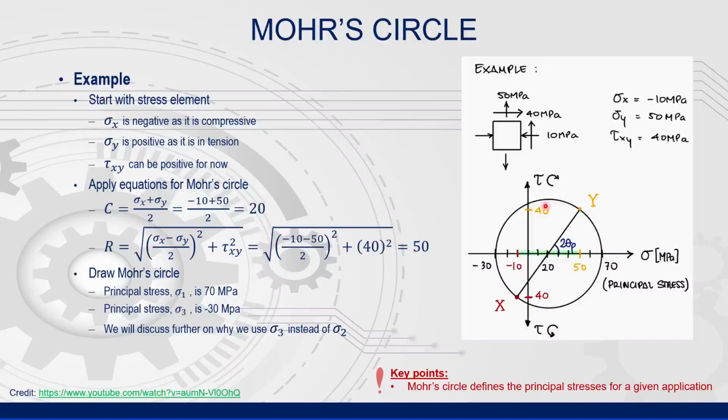Where the highest or lowest point of the circle aligns with the vertical axis tells us the maximum and minimum shear stress. The maximum and minimum normal stresses that are determined with Mohr's circle are labeled sigma 1 and sigma 3, and they are named the principal stresses. A third principal stress, labeled sigma 2, will only occur in special cases.